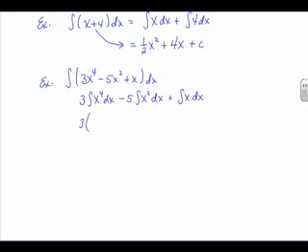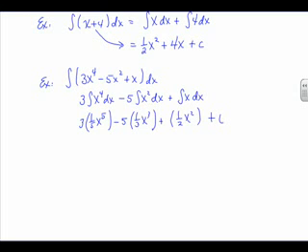So 3 times 1/5 x to the 5th power minus 5 times 1/3 x cubed plus 1/2 x squared. Now, technically, each of those individual integrals should have a plus c.